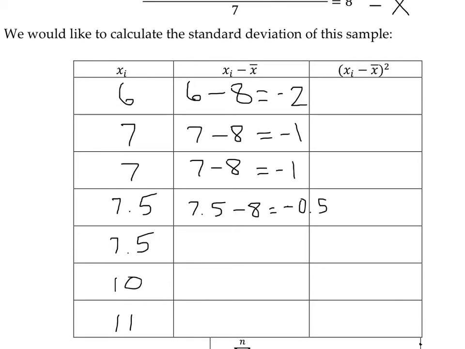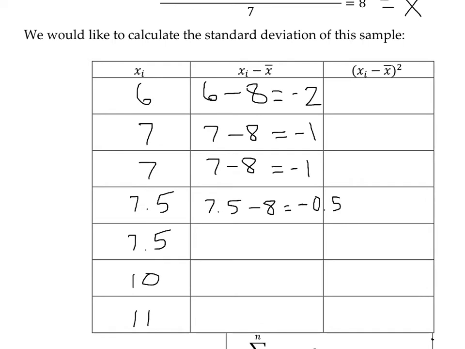I'm running out of room here. 7.5 minus 8, again, is negative 0.5. 10 minus 8 is 2. And 11 minus 8 is 3.